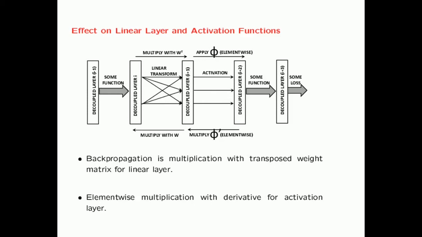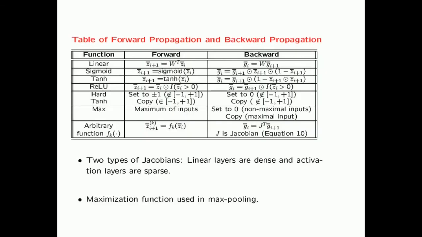So for most of the common operations, I have created a table of what the forward and backward propagation values are. For example, in the linear layer, you obtain Z_{i+1}, the activation of the (i+1)th layer, by multiplying Z_i with W transpose.